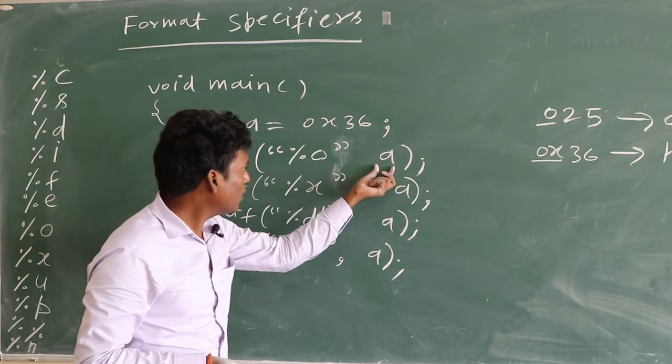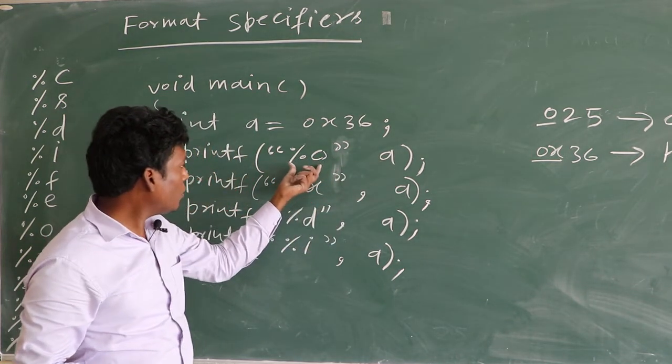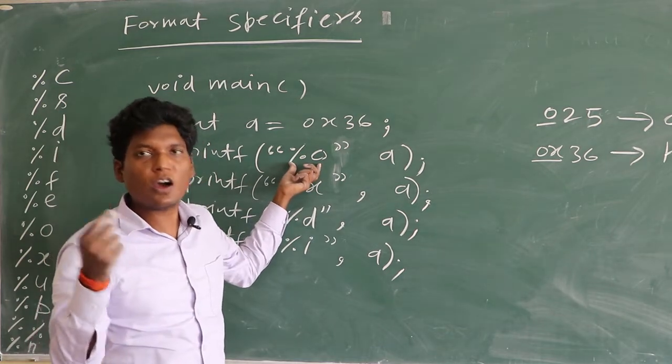%o prints a. %o is made to print the octal number.